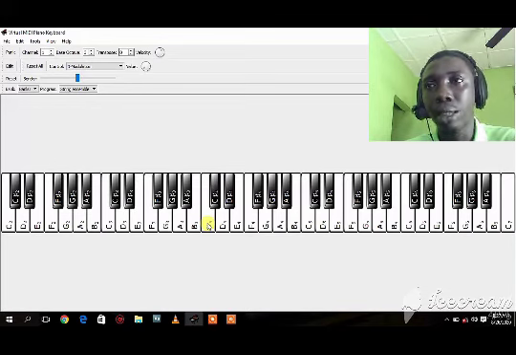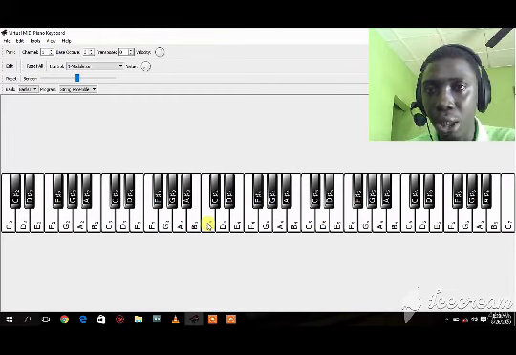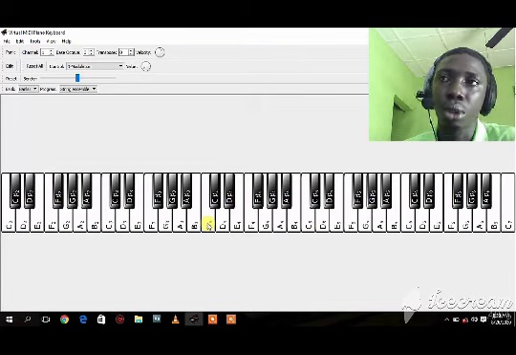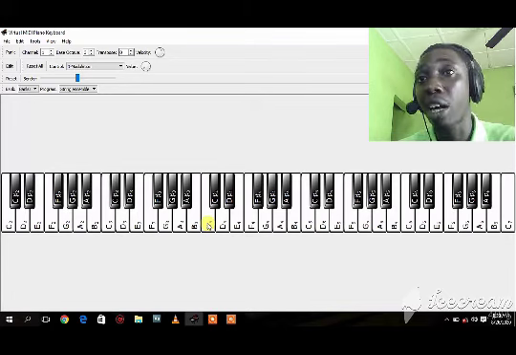Now, the next mode is called the Lydian mode, where your C now becomes your 4th note. That's the subdominant, your Fa.